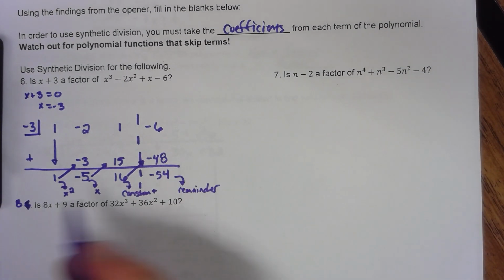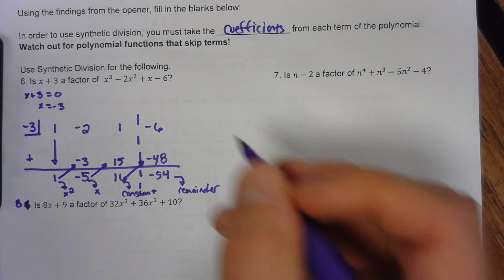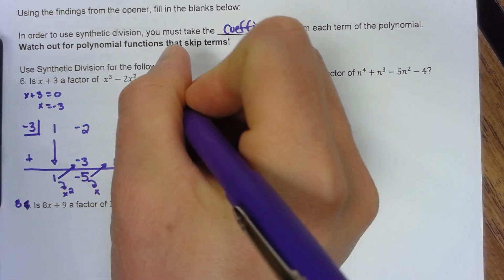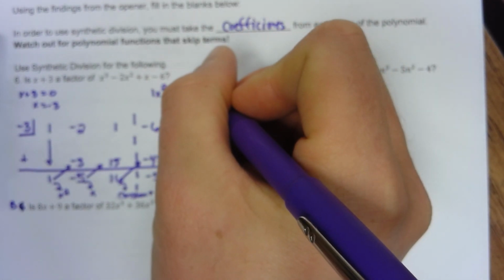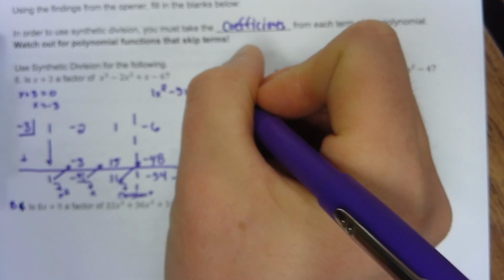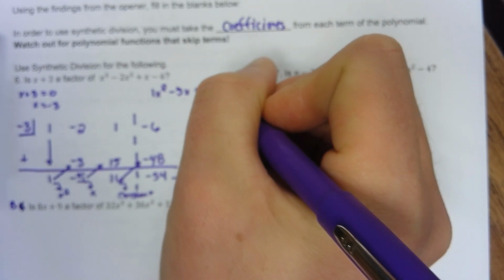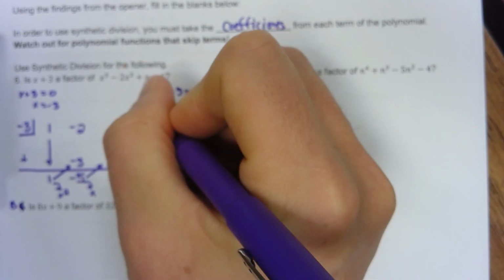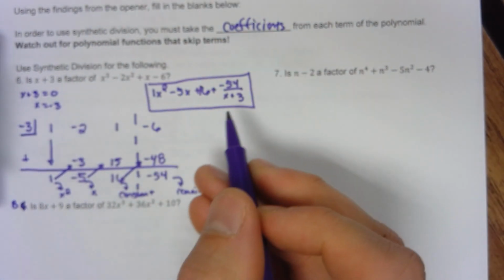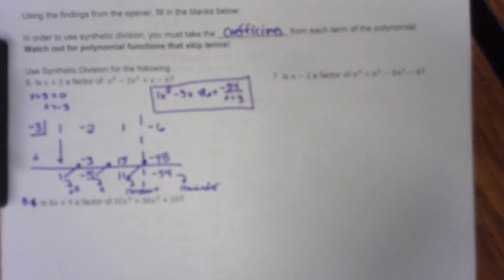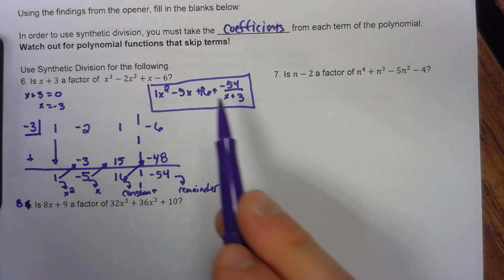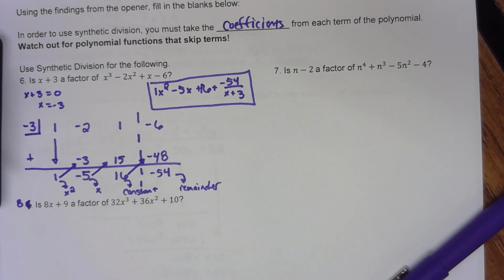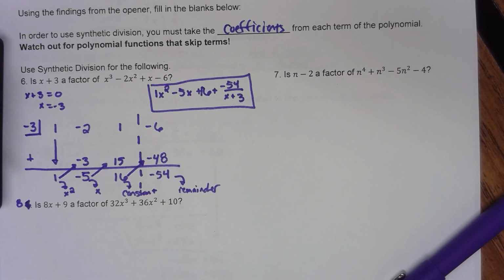So the result of our division, I don't have a ton of space for this, I'll write it up here, is 1x squared minus 5x plus 16 plus the remainder of negative 54 divided by our original term that we are dividing by. Anytime we have a remainder, for us to write the correct quotient, we still use that remainder and just say that that remainder is still getting divided by x plus 3. But again, this doesn't do much for us. If we get a remainder of non-zero, it's kind of irrelevant.